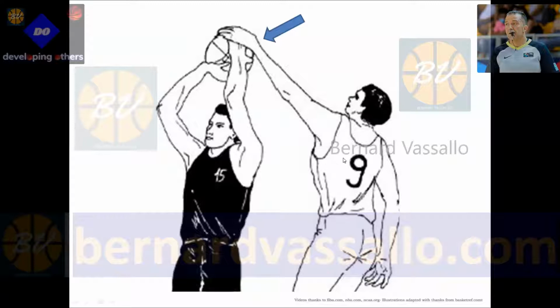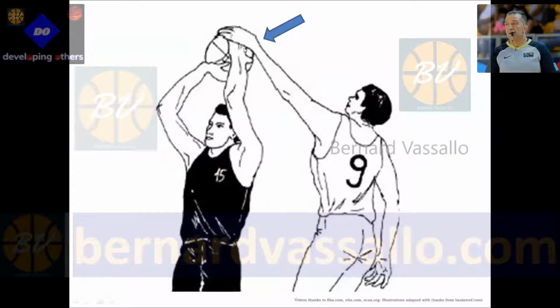If white 9 tries to block the ball in black 15's hands, therefore if white 9 blocks the shot and he contacts the hand of the shooter here, as you could see there, the hand that is on the ball, that also in basketball is not a foul. Why? Because this hand holding the ball is deemed as part of the ball.